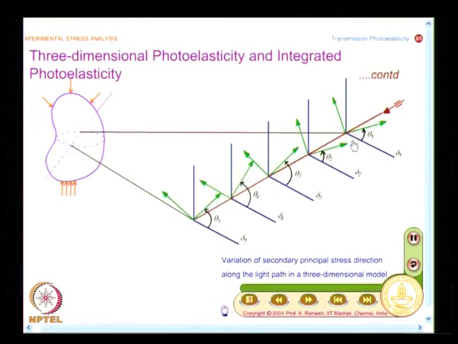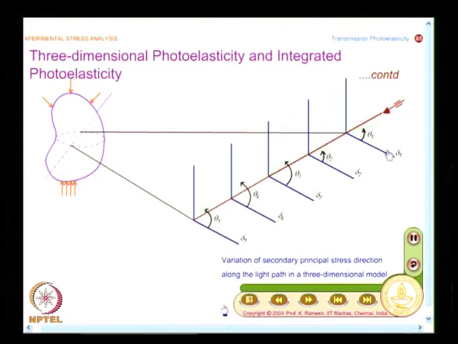And what you have here is, suppose I take the plane 1, because that behaves like a retarder. So, now I have a series of retarders along the light path, and we have always seen each retarder can be represented by the retardation delta and its orientation theta.